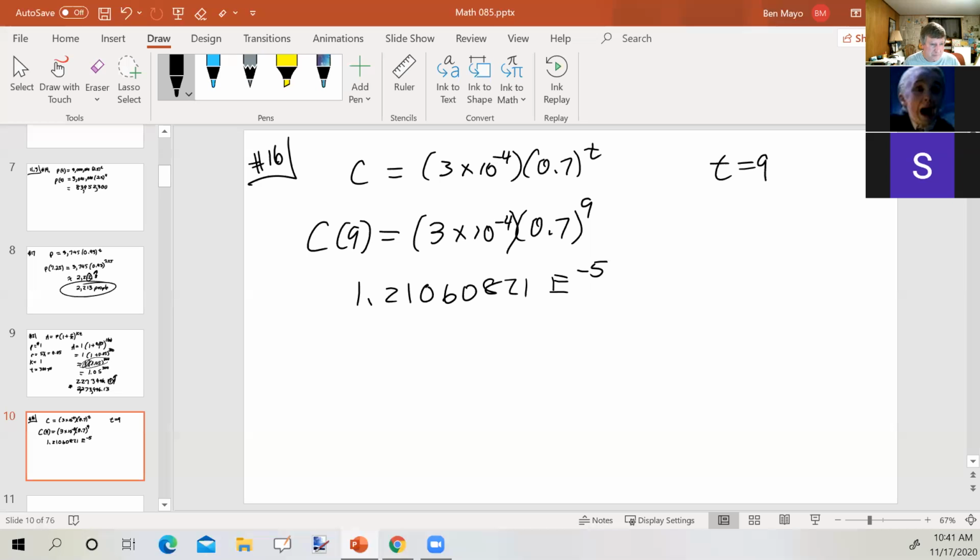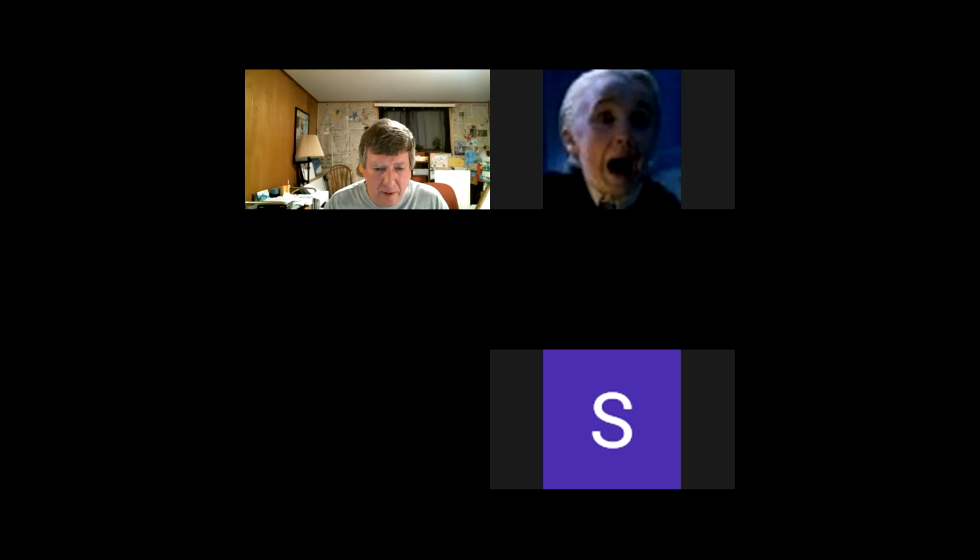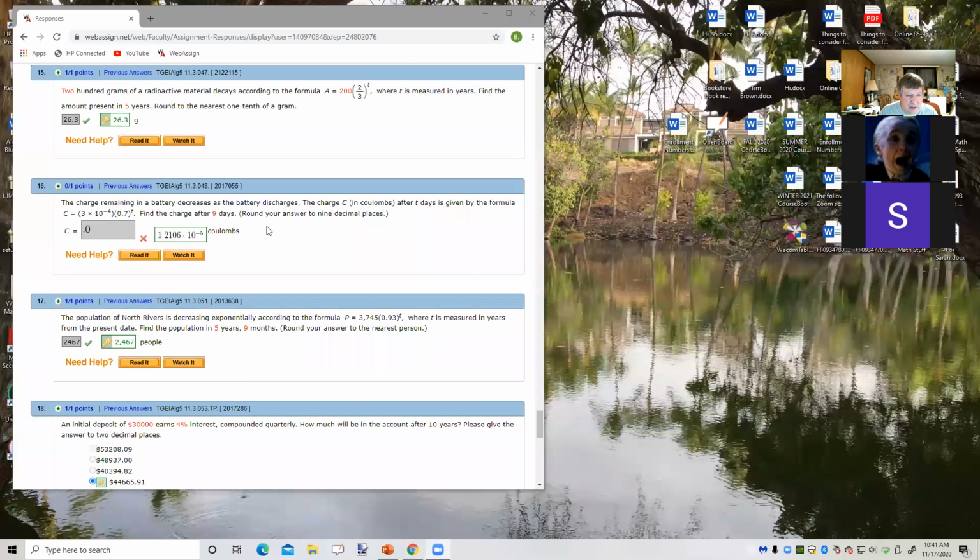Now, let's see here. Interesting. The reason I find this interesting is because in the assignment, it says round your answer to 9 decimal places, but I don't know if you can see, they've got the correct answer here, and it doesn't take it out to 9 decimal places.